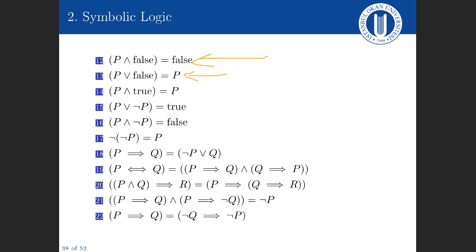P or false. If P is true, then at least one of P and false are true. If P is false, then we have false or false. So both false. So P or false must be the same as P. For the same reason, P and true must be the same as P.